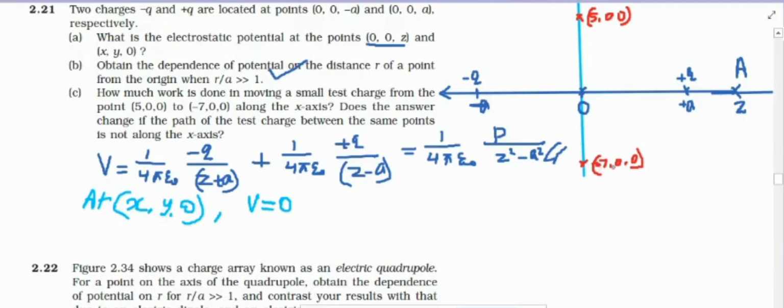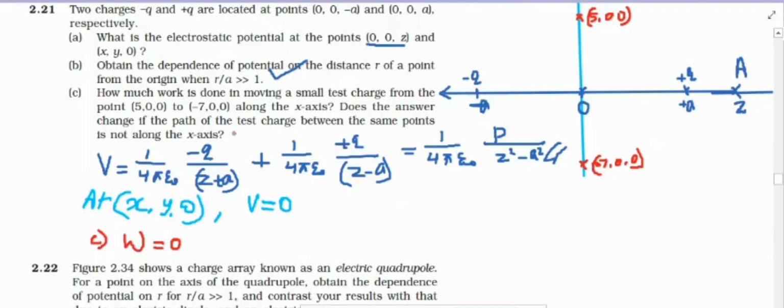And we know the initial potential and final potential both are 0. There is no potential difference. As there is no potential difference, we can say the work done is equal to 0.